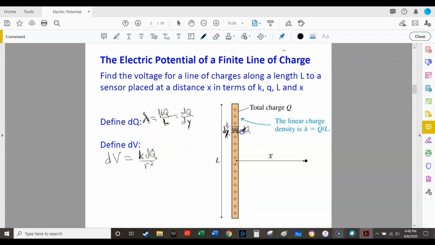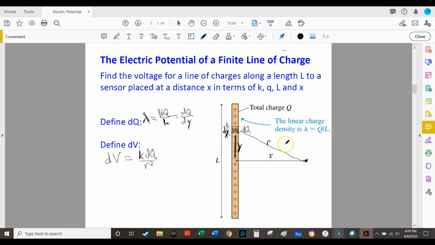So our dq that we've identified is a distance r away from our point. Well, I'm going to call this a distance y. This is a distance y up, and it's distance x horizontally from where we're calculating what the voltage is at this point.